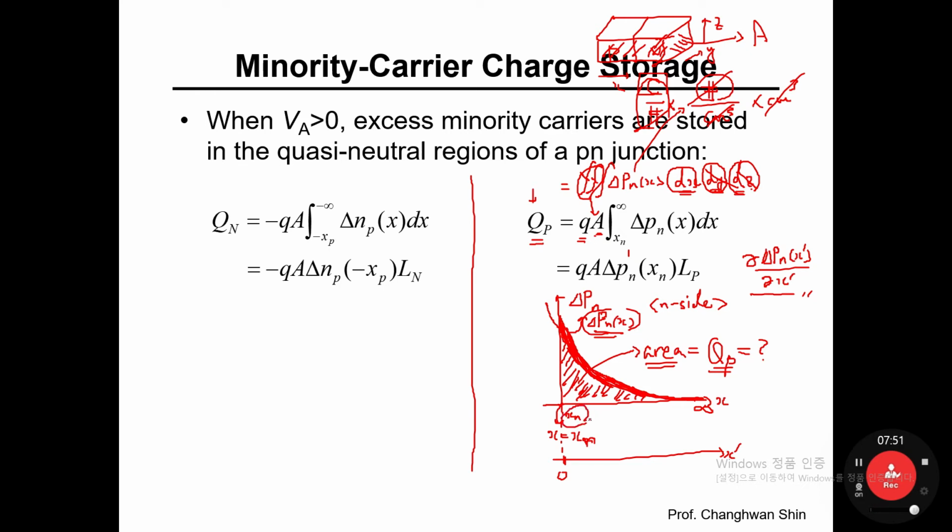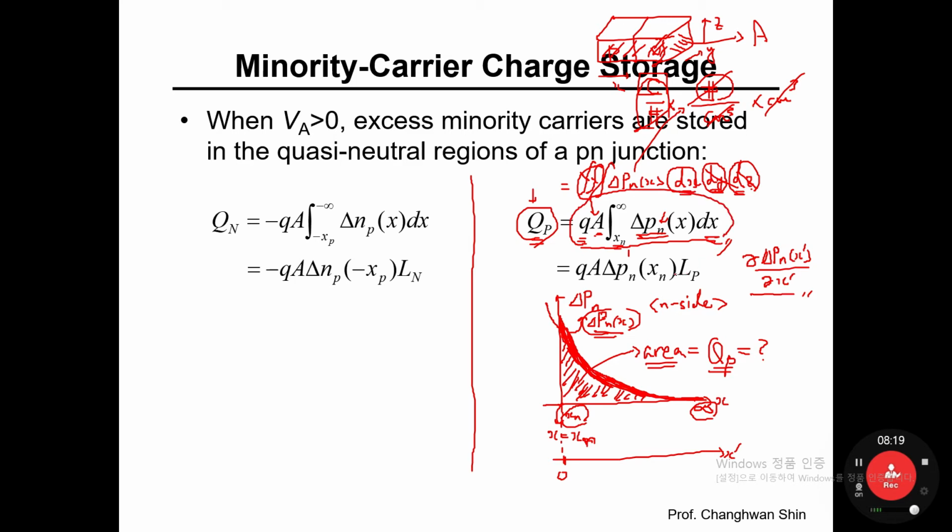So from x_n to infinity, we sum up all the excess hole concentration in the n side. So the total charge, the total holes stored in the n-side quasi-neutral region, can be written with this equation.